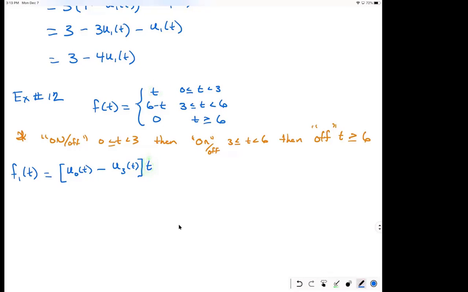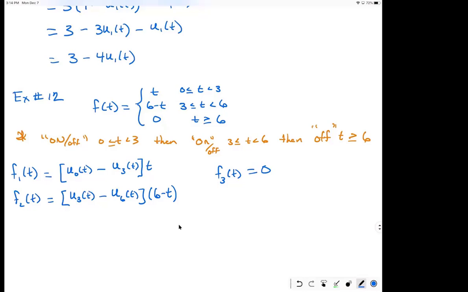And then my f sub 2 is for 3 to 6. So u sub 3 of t minus u sub 6 of t. And I need to multiply that by 6 minus t. And then my last part would be f sub 3 of t, which would just be equal to 0.